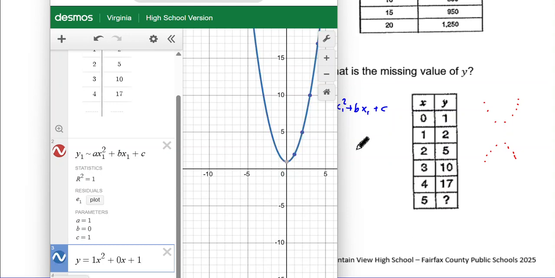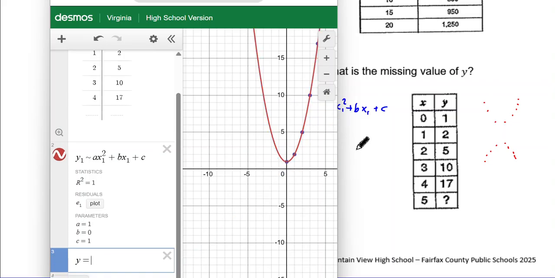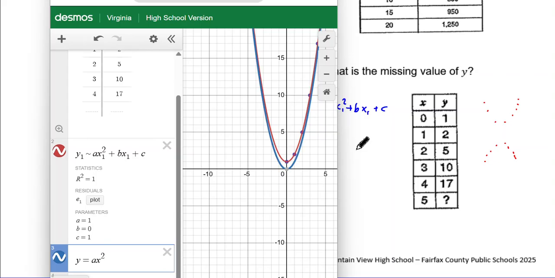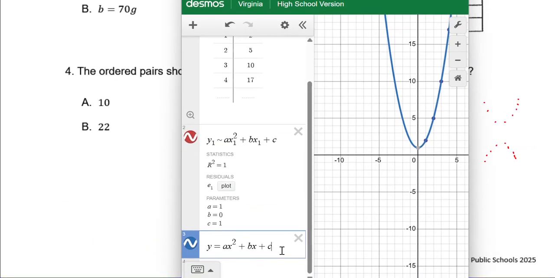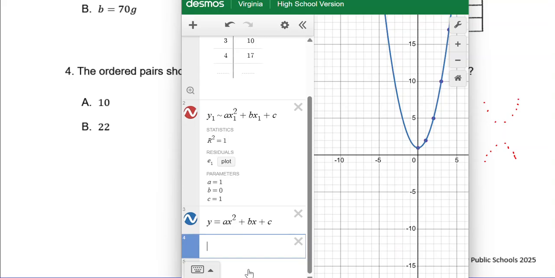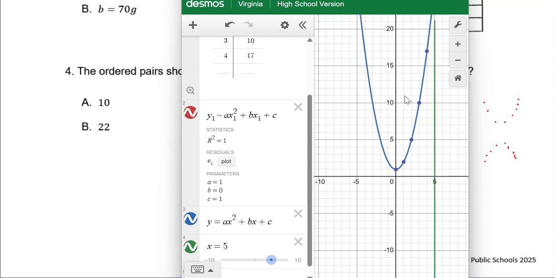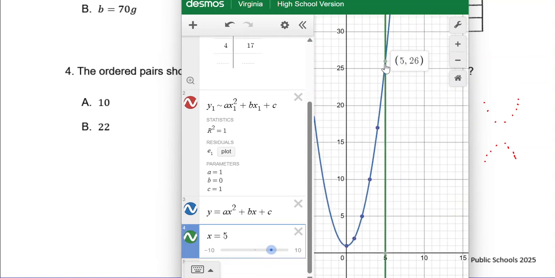Or if you want to, you can just type ax squared plus bx plus c, and Desmos will copy those numbers down. Again, I'm trying to find what the value is when x is equal to 5. So when x is equal to 5, my y is 26.